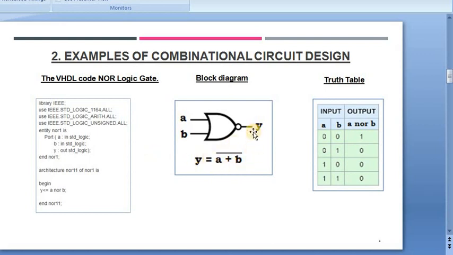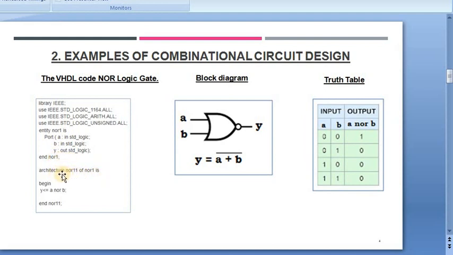Let's observe its block diagram. Now study its VHDL code. As you see on the left side, the VHDL code for the NOR gate is shown. Initially the library declaration is done, and then the entity is defined for the NOR1 gate. In this part, two inputs A and B and one output Y are defined, and then the entity is closed.